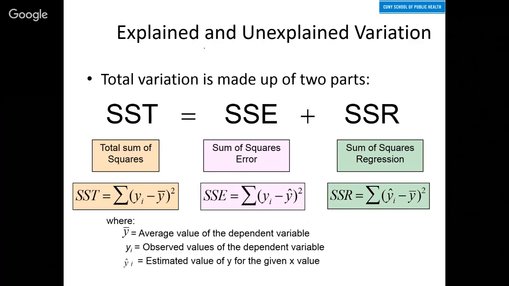This is a fairly fundamental equation here in that this is the basis for analysis of variance as well as for correlations, breaking up your total variation into explained and residual or error components.